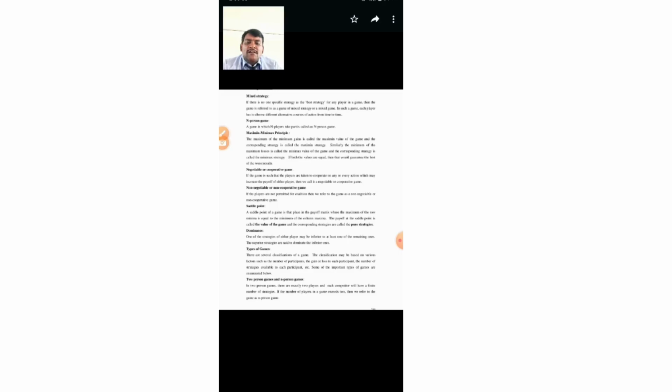Next we have to move on to the topic, what is the saddle point. Saddle point means that in a game the maximin value and the minimax value are equal, then the game has a saddle point. The game which has the same maximin value and minimax value has a saddle point.